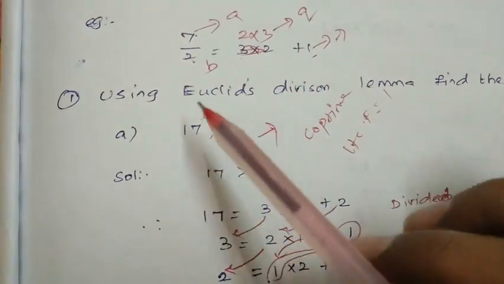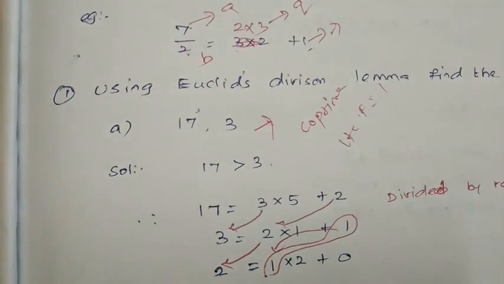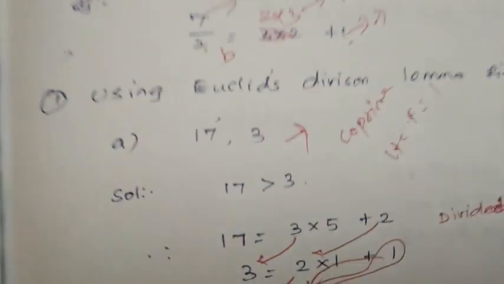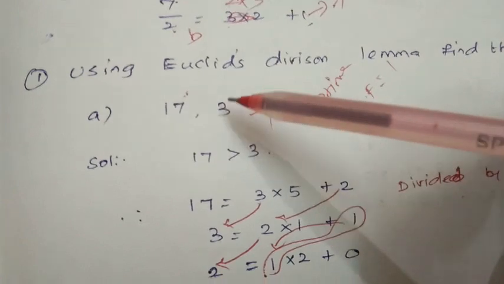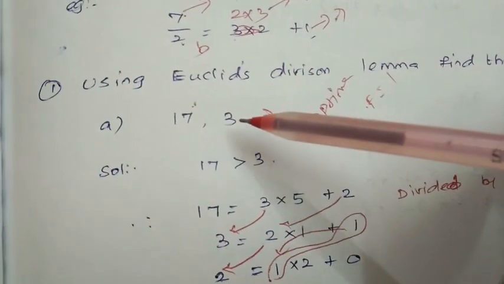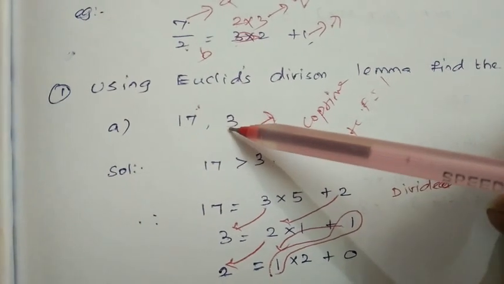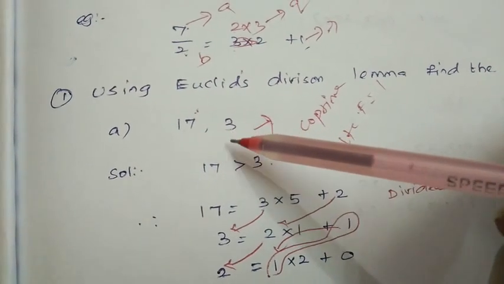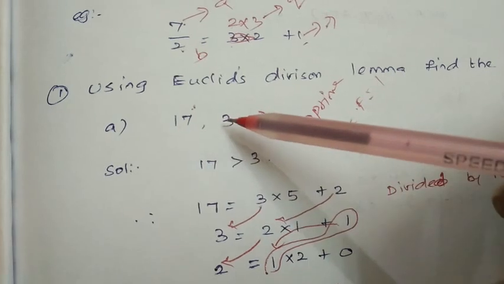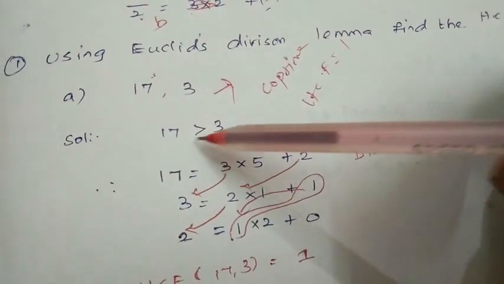Under Euclid's division lemma, how to find the solution? Anyway, you are going to divide by another number. The divisor should be less than the dividend. That is 17 and 3, so 3 should be the divisor. Now 17 by 3. 17 is greater than 3.